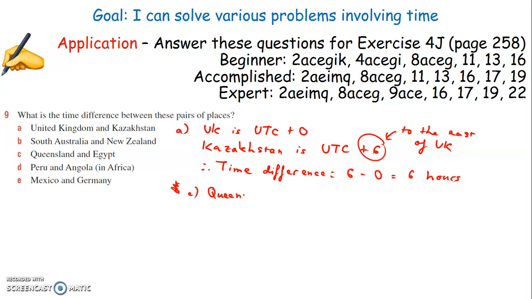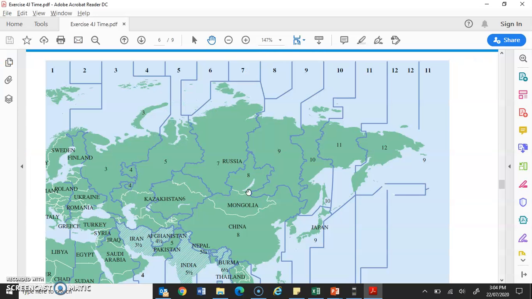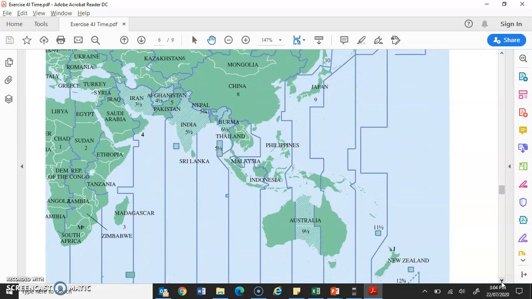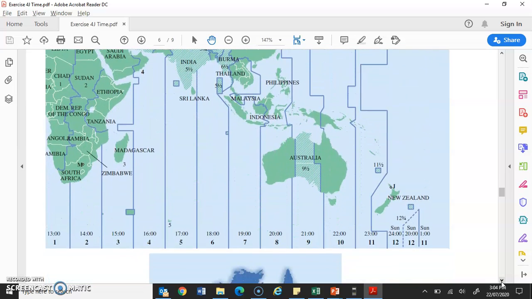So Queensland and Egypt. Queensland's EST. Now you can find Queensland on page 257.